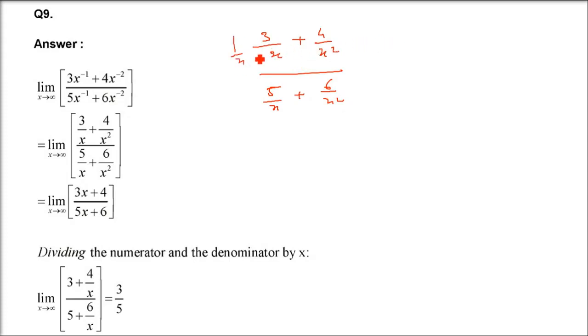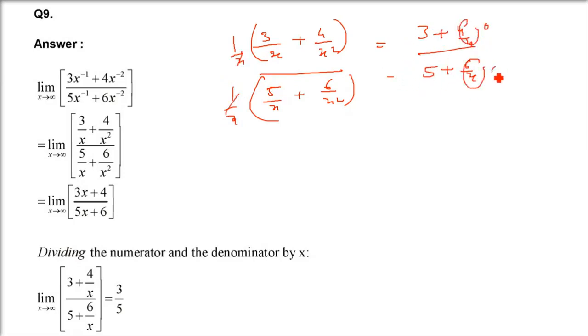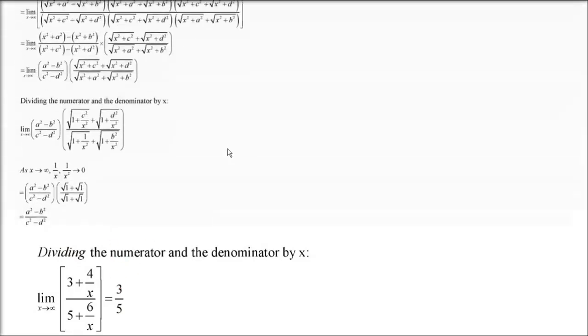Take 1 by x common. What do you get? 3 plus 4 by x. Here also you take 1 by x common. So you have 5 plus 6 by x. Okay. So now apply the limit. X is infinity, so 4 by x is going to be 0. X is infinity, 6 by x is 0. So you have 3 by 5. 3 by 5 is going to be your answer.